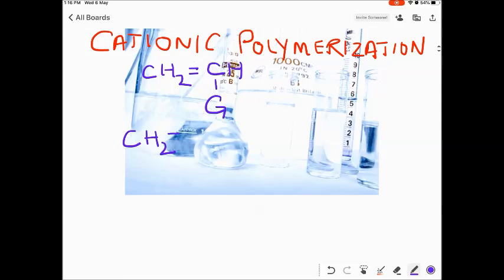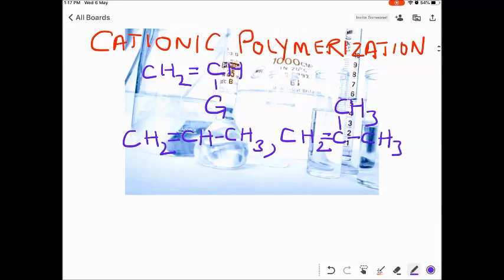One, as discussed, is propene, and the polymer you get from this is polypropylene, and you know polypropylene is used as a membrane in reverse osmosis cleaning of water. Another monomer that can be used is isobutene.